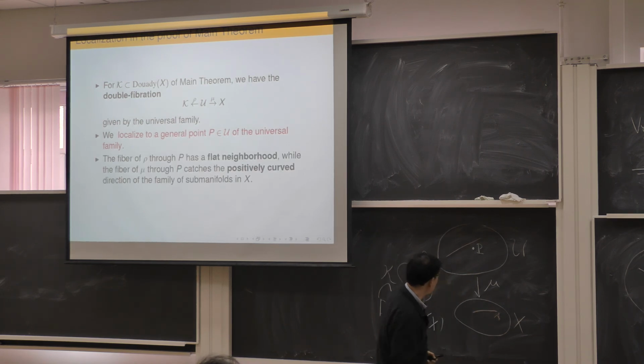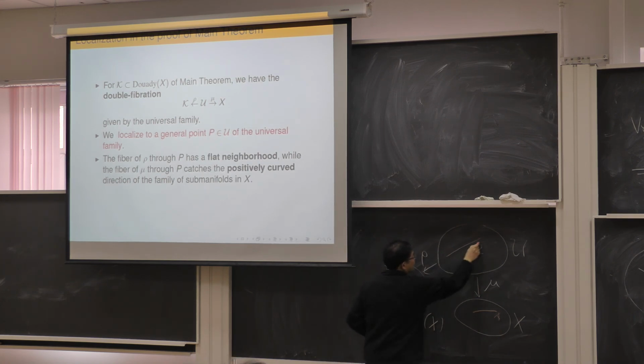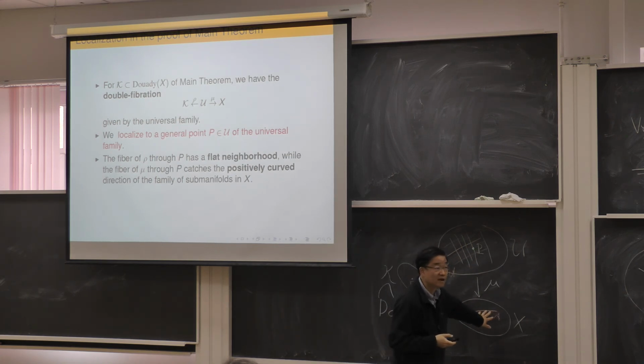Now the fiber in this direction has a flat neighborhood. On the other hand, the fiber in this direction accounts for the positivity of this neighborhood. So this fiber exactly shows the deformation of A fixing that point.